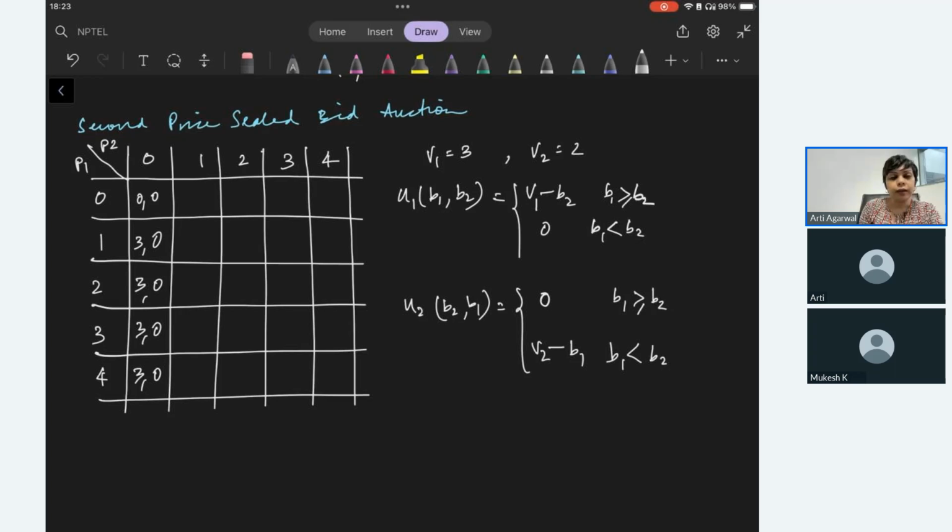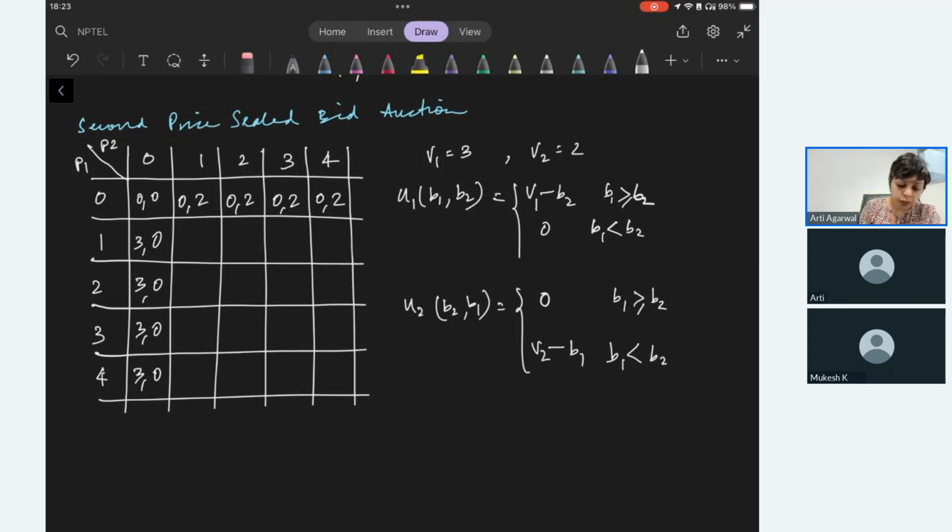And P1 is bidding 0, so now he pays 0 because the other guy has bid 0. And his valuation is what? 2. So he is going to get 2. And similarly, in all of these cases, he's going to get a payoff of 2.